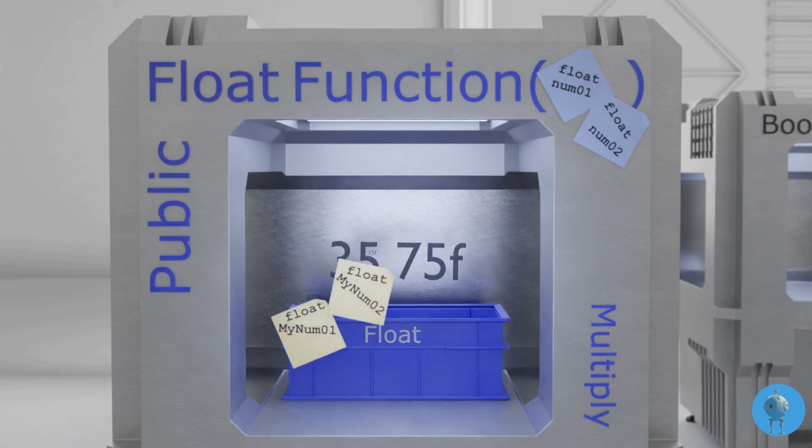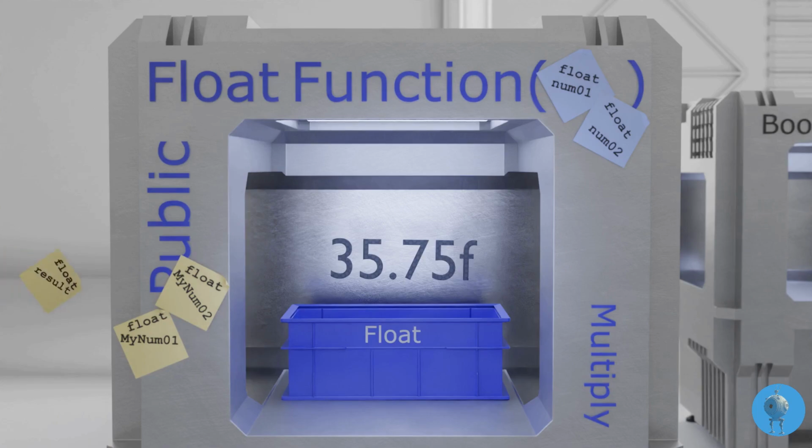We let the machine do its work and we get the multiplication of these 2 numbers. This is a unique value, which is also a float, and we give it a unique name, in this case results. So we can track the multiplication value, and let's take a look at what we've got at the moment.